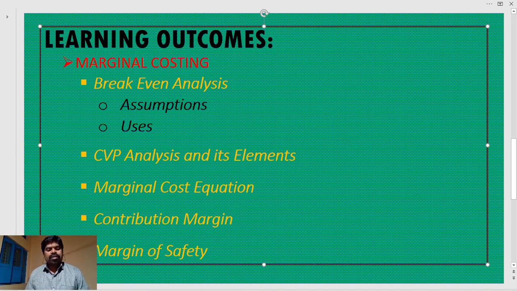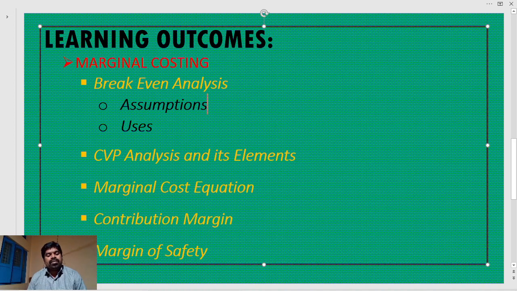And what are the elements involved in this CVP analysis. And the marginal cost equation. How do we calculate marginal cost? Variable cost, sales, fixed cost, profit. Earlier, in the previous video lesson, we saw the statement format, the marginal cost statement, that is the income statement.